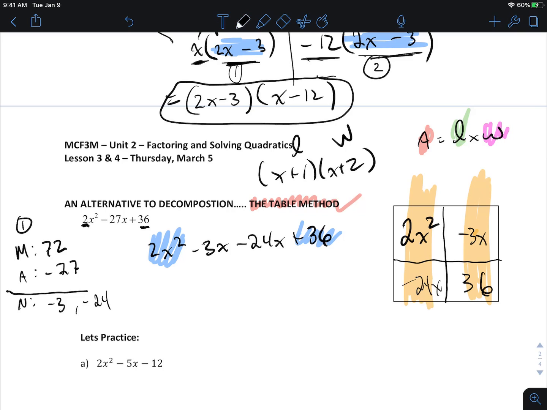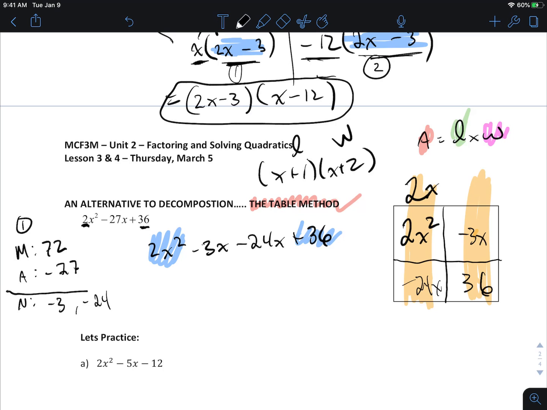Looking like this, I have 2x squared and negative 24x. So I already know I can take an x out for sure, 100%. And then what about the numbers? Well, 2 goes into 24, so why don't I take 2 out? That's the biggest thing I could take out numerically, and I can also take out the variable x.